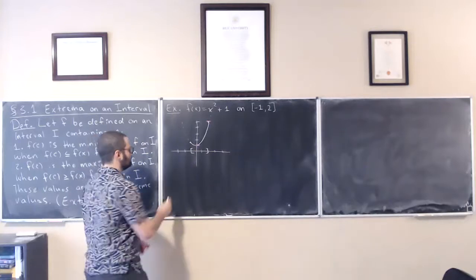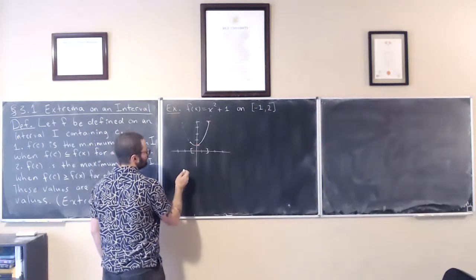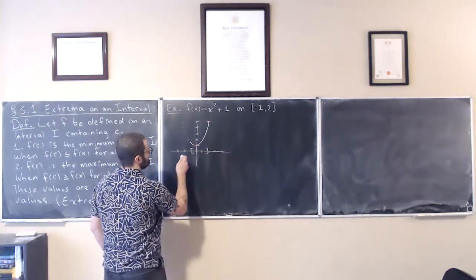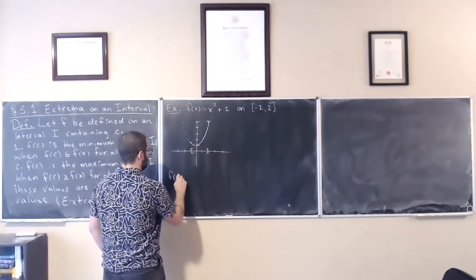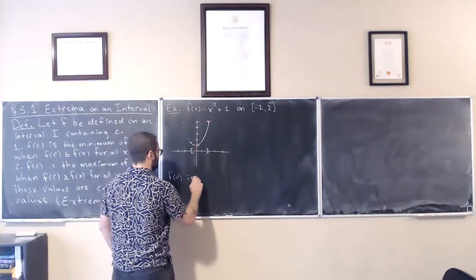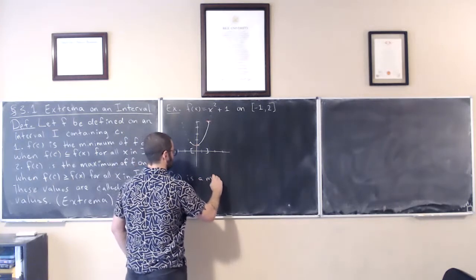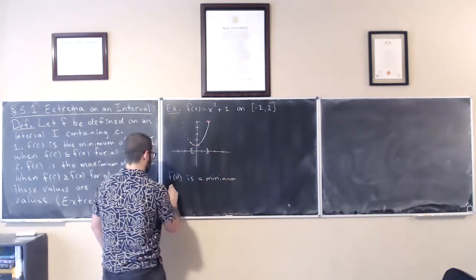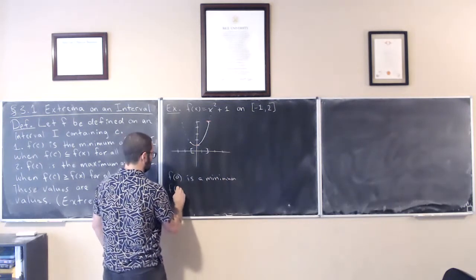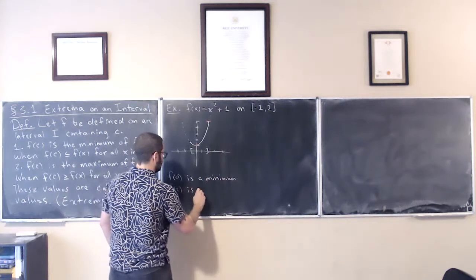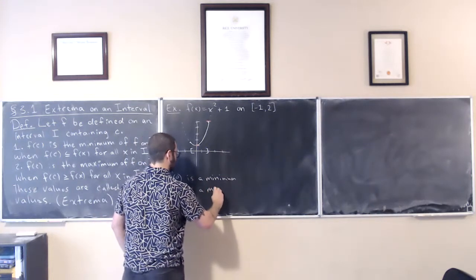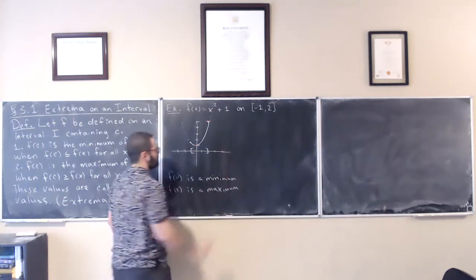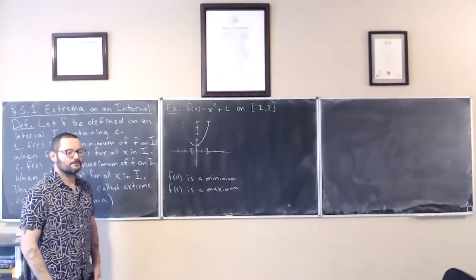Right, so what would the extreme values be? So f of 0 is a minimum, and f of 2 is a maximum. Okay.